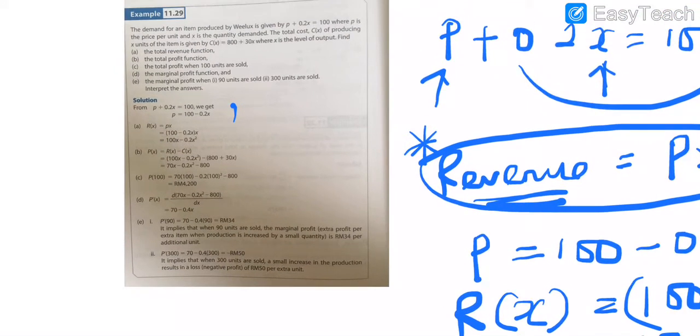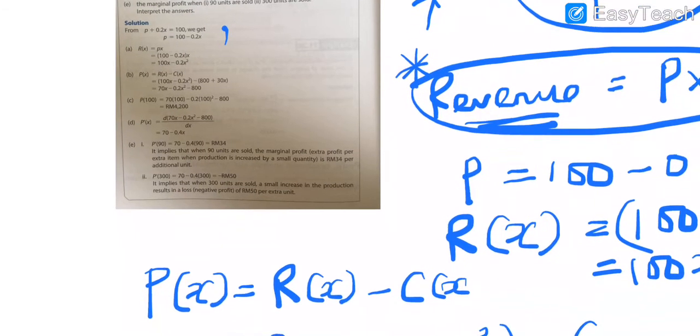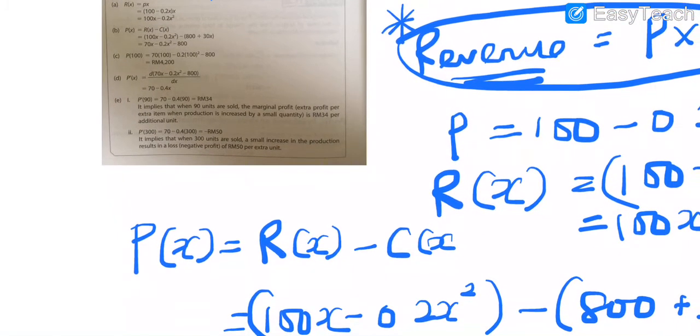Now, the marginal profit when 90 units are produced and 300 units are sold. Interpret the answer. When you have the marginal profit function, replace x with 90 and replace x with 300. So this is the interpretation.